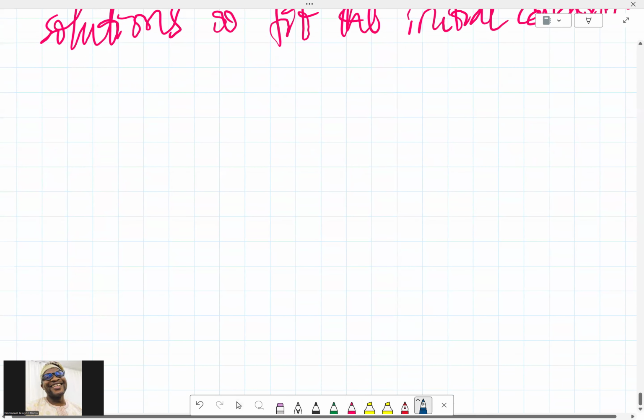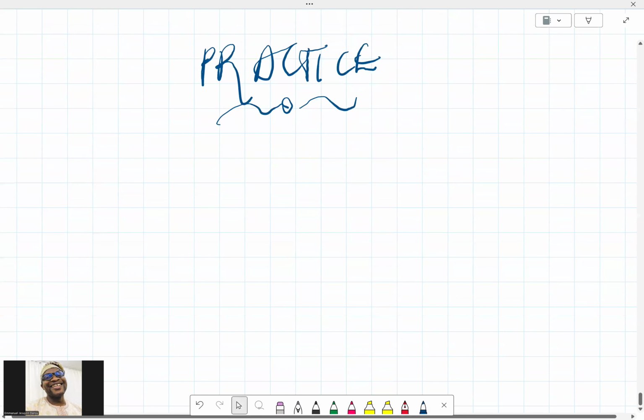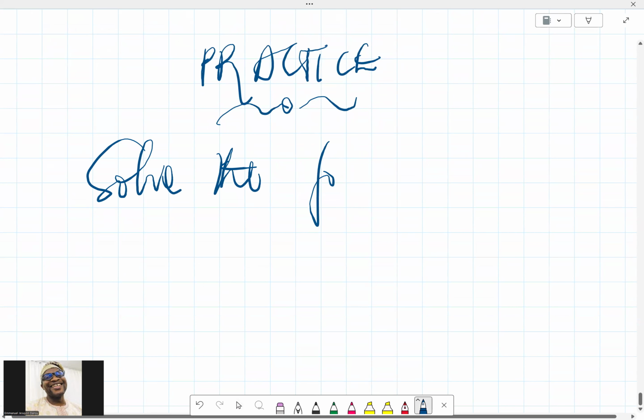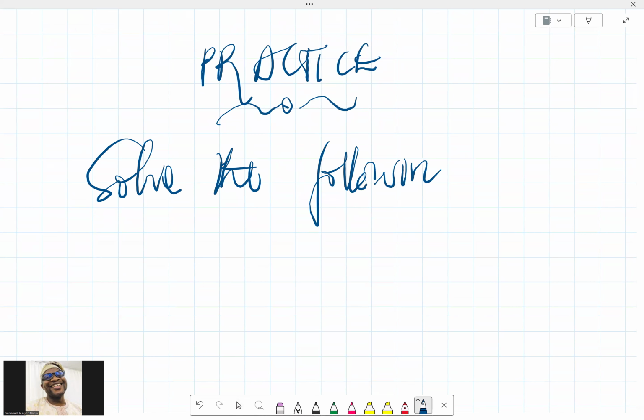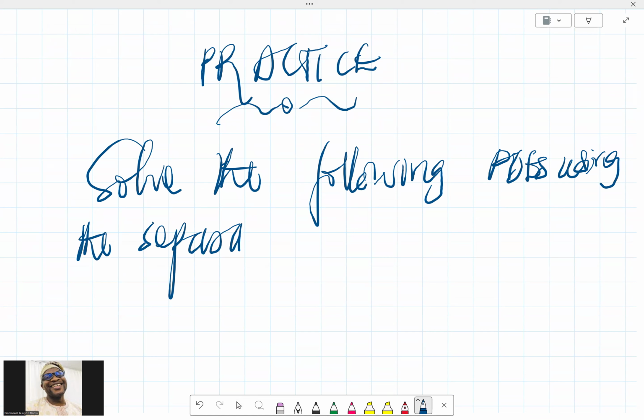At this point, let's take some practice questions. You want to practice with all that. So solve the following PDEs using separation of variables.